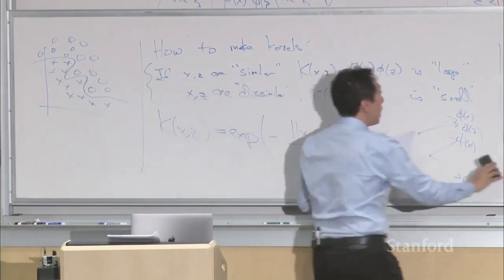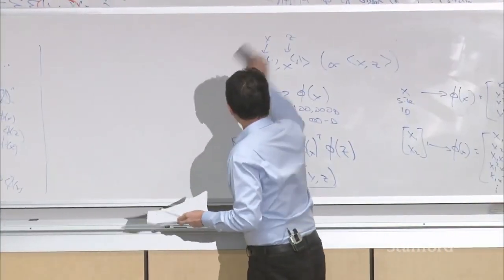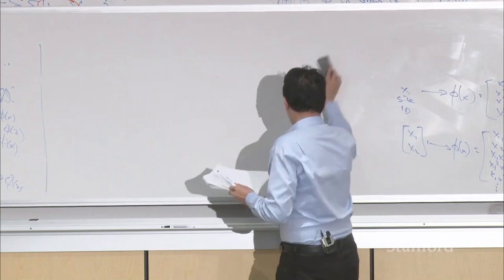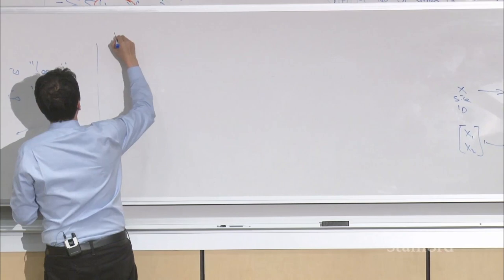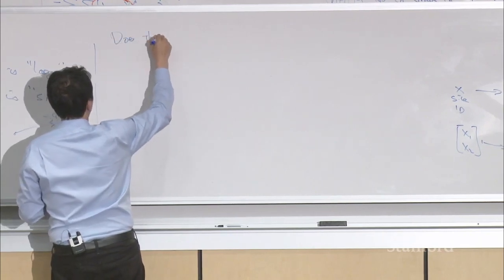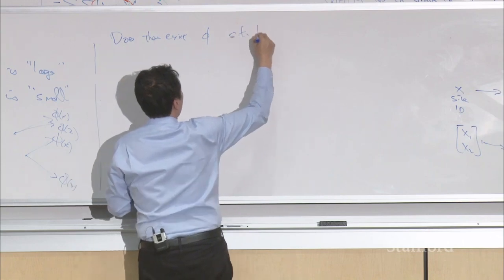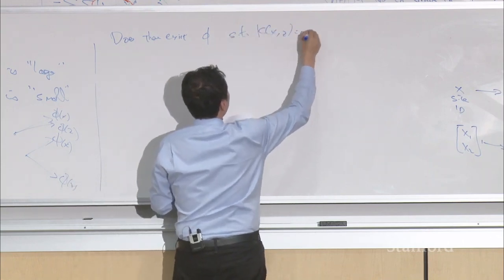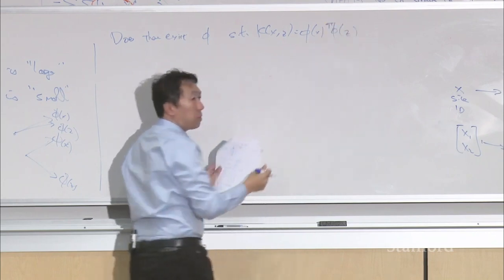So it turns out that a function like that, k of x,z, you can use it as a kernel function only if there exists some phi such that k of x,z equals phi of x transpose phi of z.